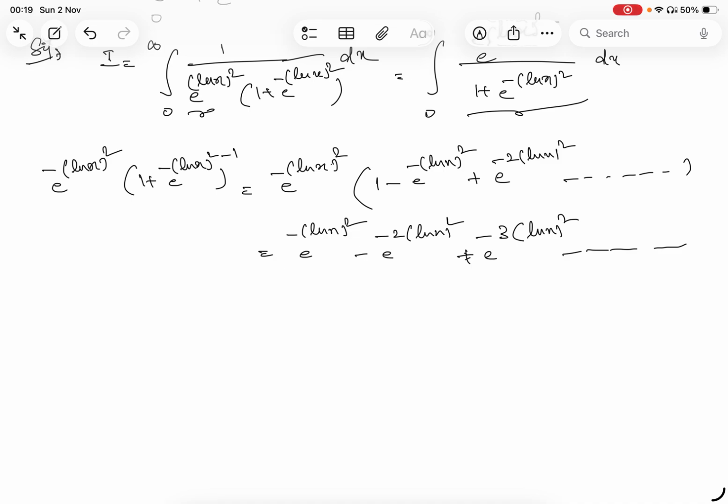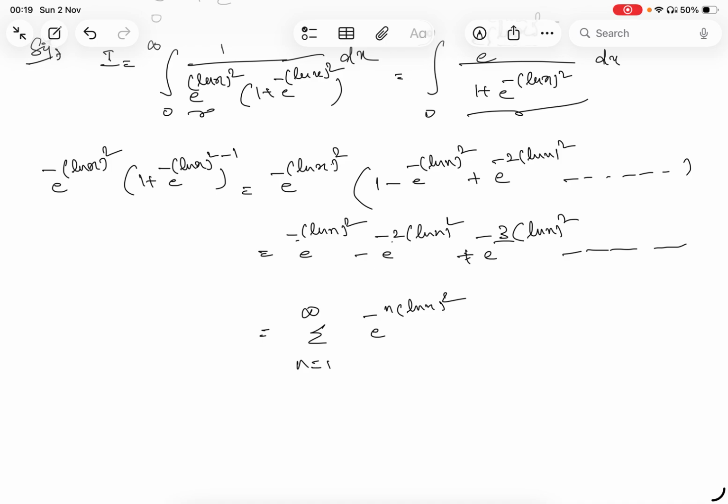So let's write it in the form of summation. It will be e power minus of ln x square. As you can see, for the first time the coefficient is 1, for the second time it's 2, for third time it's 3. So you can write it as summation n equal to 1 to infinity n. Then there are alternating plus and minus symbols, right?